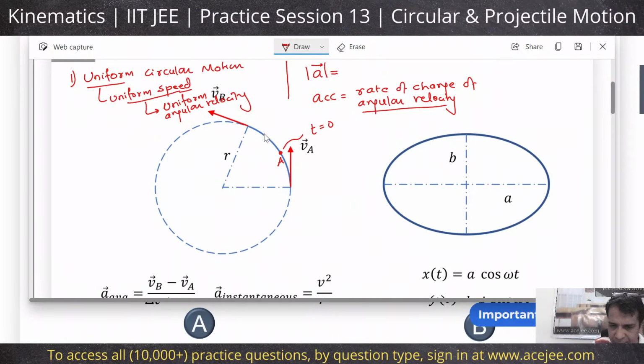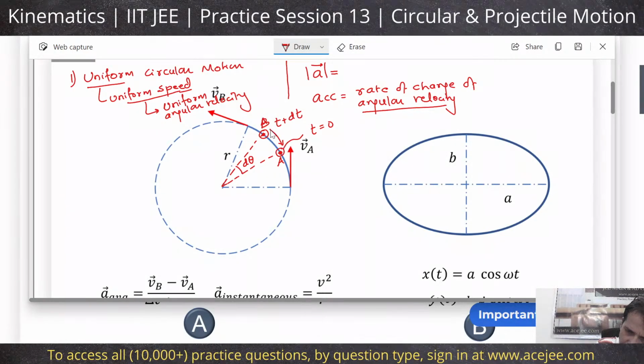And let's say after some time dt, it is at this point, which we call B, at time t plus dt. How much angle has it traced? It has traced an angle d theta. Is that right, Chavi? Yes, sir. Okay.